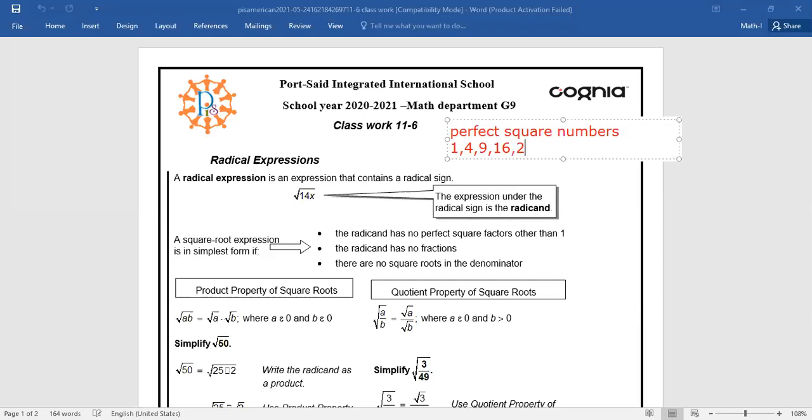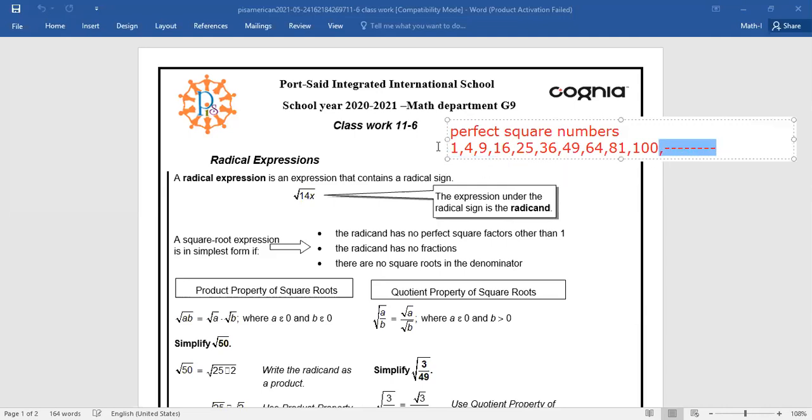The next one should be 25, then 36, then 49, then 64, then 81, and then 100, and so on. These are the perfect square numbers.